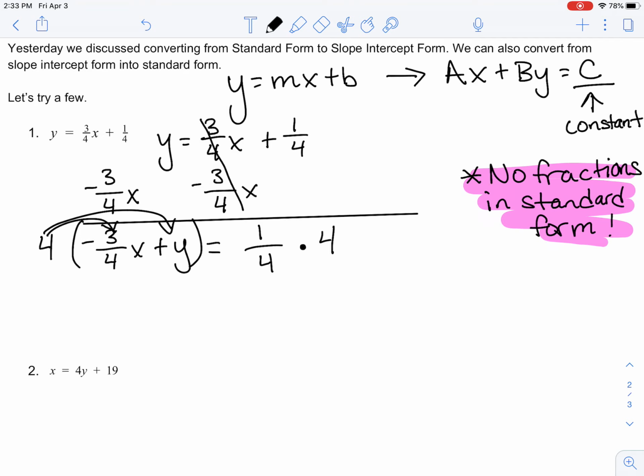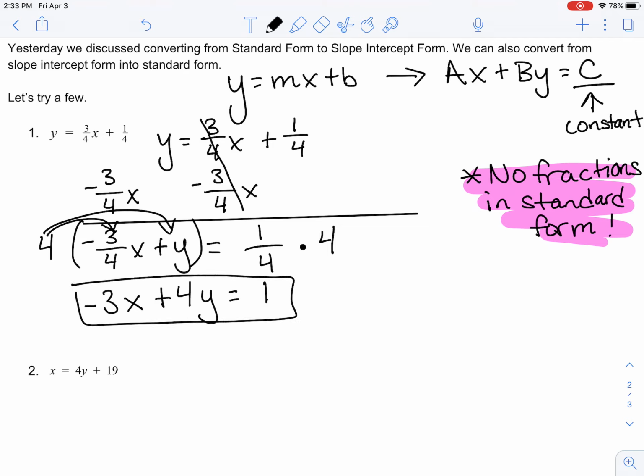So negative 3/4 x times 4 becomes just negative 3x. 4 times y is 4y, and 1/4 times 4 is 1. So at that point, you are done. Our goal was to have a constant by itself, which is that 1, and to have no fractions.